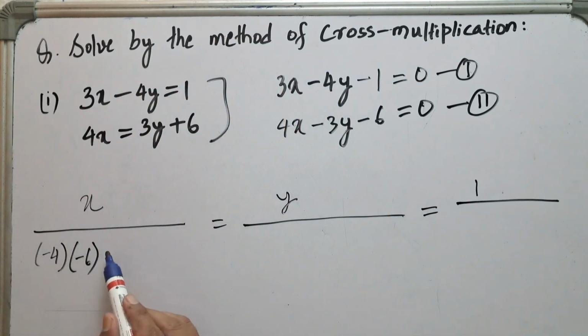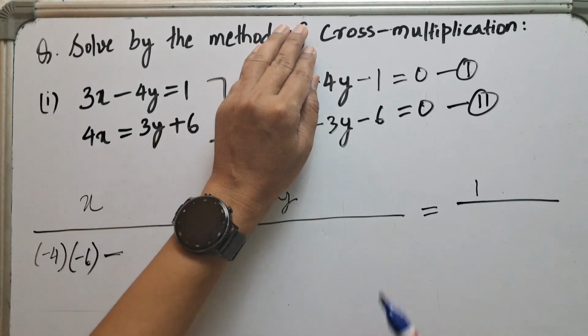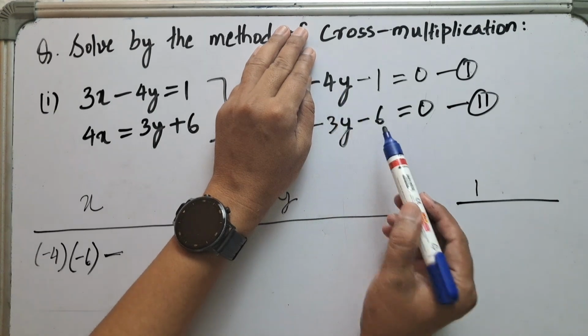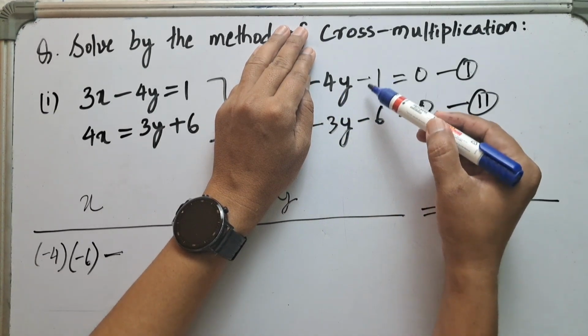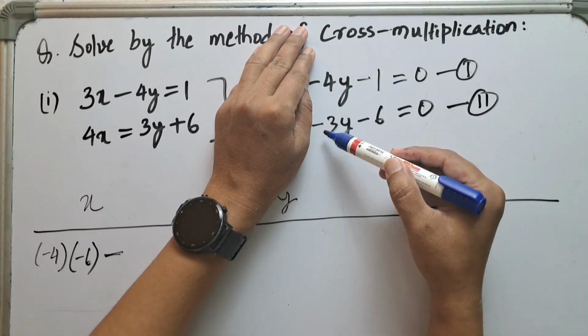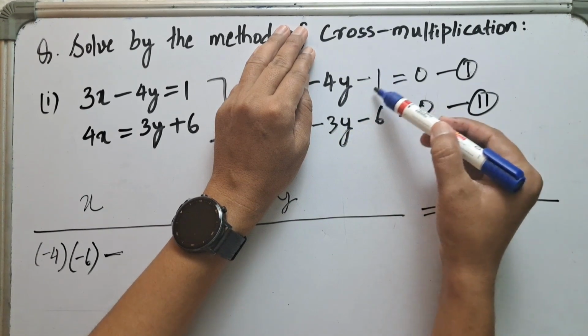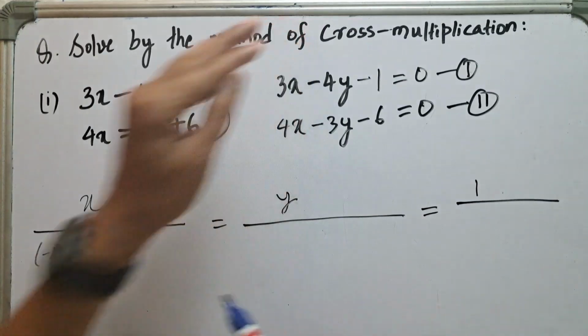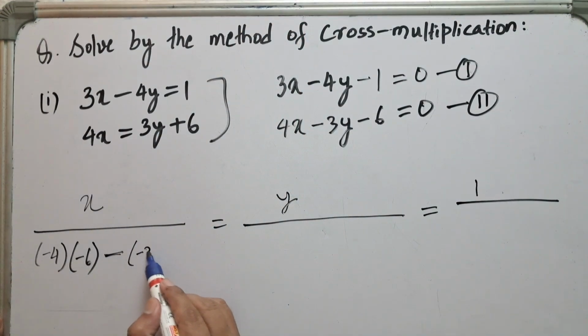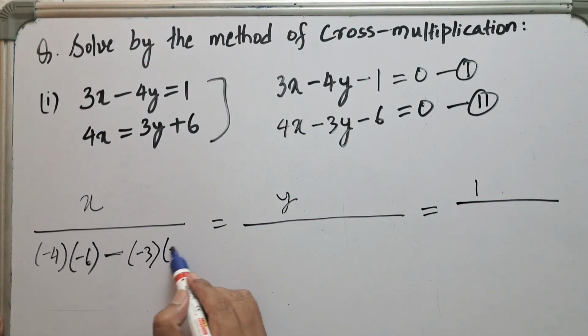Then we have the sign from the formula, that is the minus sign. We have multiplied diagonally in this way, and now we have to multiply diagonally in the other way also. So minus 3, the coefficient of y, into the constant number minus 1. Minus 3 into minus 1.